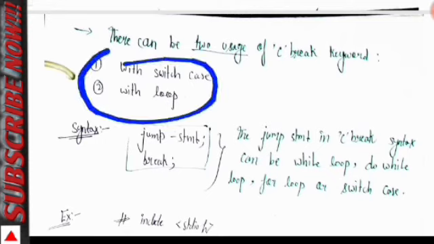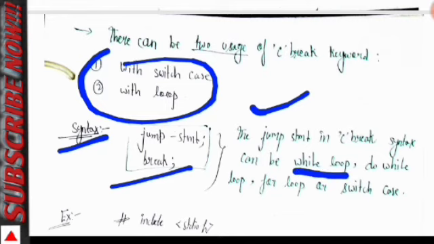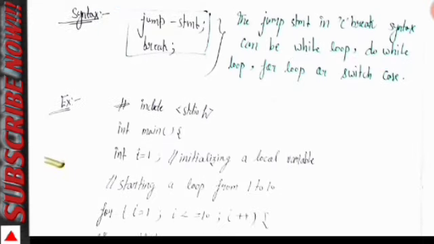Now the syntax for break is: jump statement; break; The jump statement in the C break syntax can be while loop, do while loop, for loop or switch case. Now come to the example for the break statement.